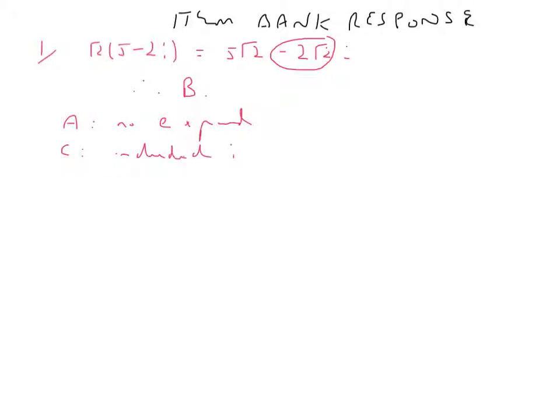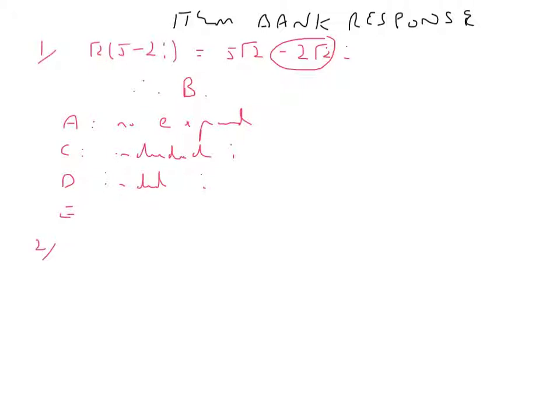They don't understand what the imaginary part is. In D, they've included the i without expanding. And in E, well, really, no idea. They've just taken the 2i and not even worried about the sign.